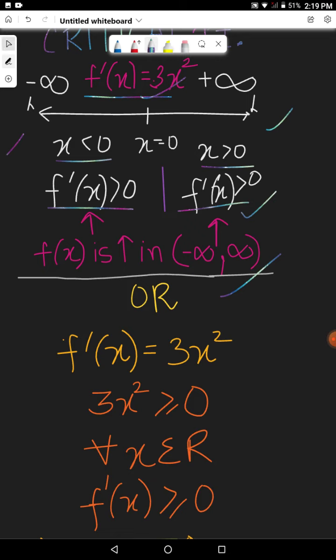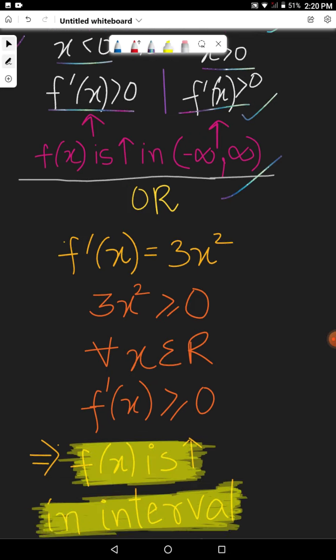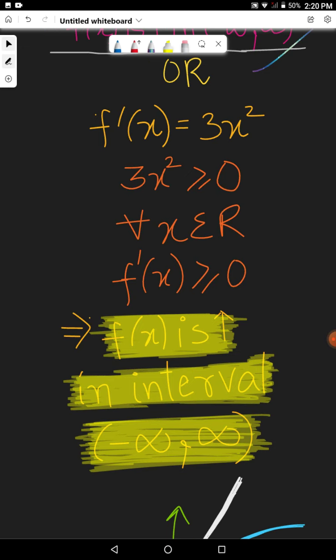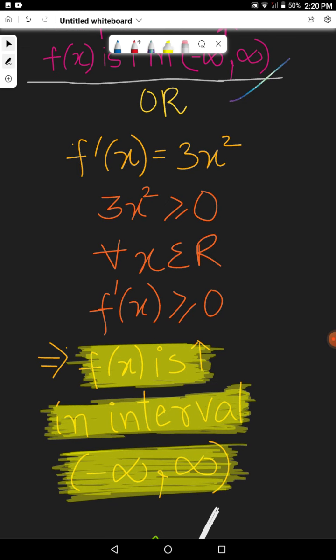Now, I am going to tell you one more method apart from this, which you can use to tell whether the function is increasing or decreasing. So f dash x is equal to 3x square, right?